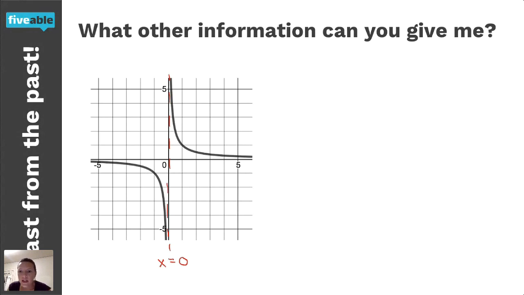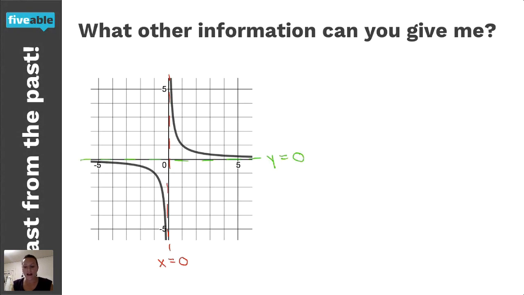Yeah, awesome. Good job, Mohammed and Hannah and Tony and Michelle. There is also a horizontal asymptote here at y equals 0. So let's make the big connection here.